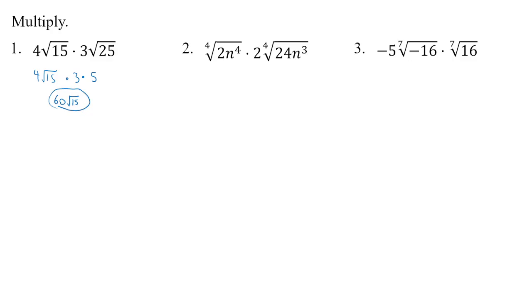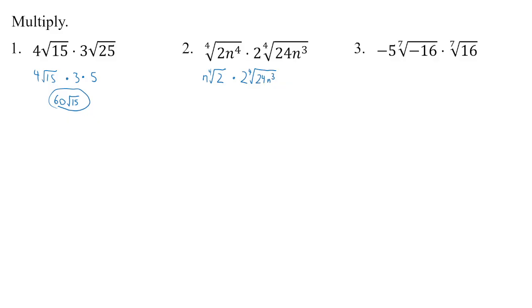All right, next we have the fourth root of 2n to the fourth times 2 times the fourth root of 24n to the third. Well, if you look at the exponent, we know 4 can go into 4 one time. Therefore, this will be n times the fourth root of 2 times 2 times the fourth root of 24n cubed.